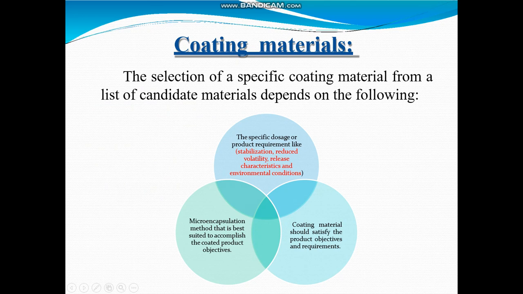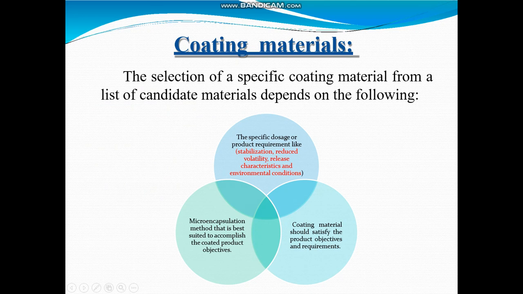Whenever you select the coating material, you will have to check all the properties given here. The first one is the specific dosage or product requirement; you will have to check the stability of the coating material, and whether it can reduce volatility, and its release characteristics and environmental conditions. The second is that the coating material should satisfy the product objectives and requirements.